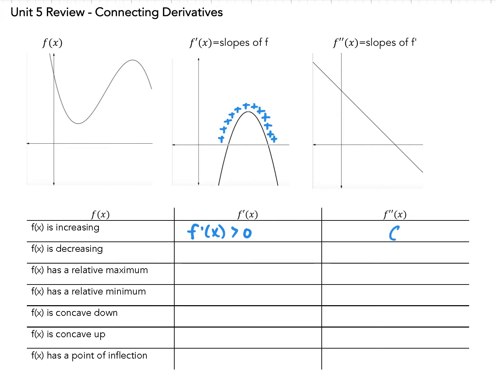You can't do anything with the second derivative from that, but you can tell that f is increasing. F is decreasing. The justification would come when that first derivative is less than 0, and so we have all these negative values here. And so that would be when f is decreasing.